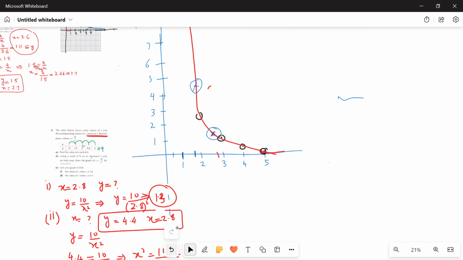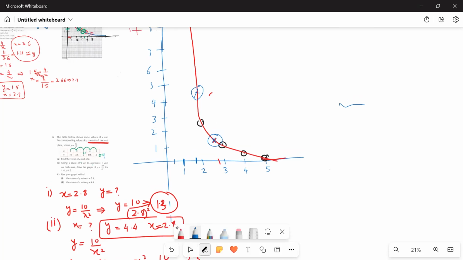I'm getting 1.27 value. Means 10 over 2.8 square. Take the square of 2.8. What is the value? Its value is 2.25.